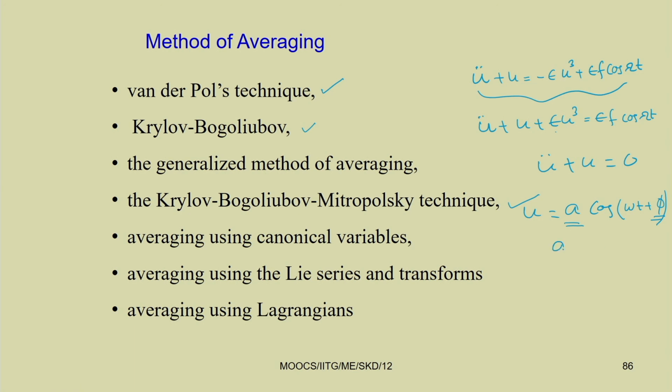So, a is a slowly varying function of time and phi is also a slowly varying function of time. That means the higher derivatives, a double dot and phi double dot, are 0.